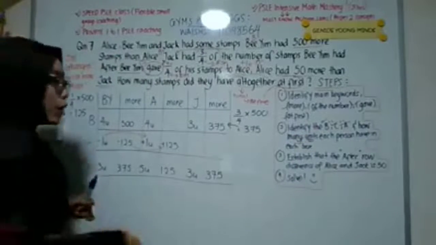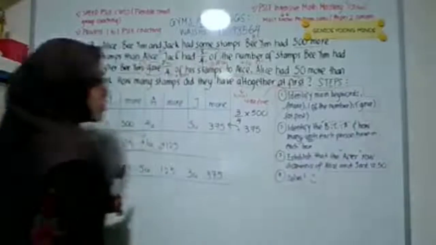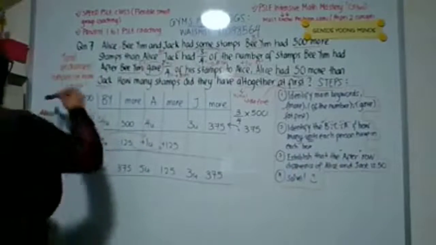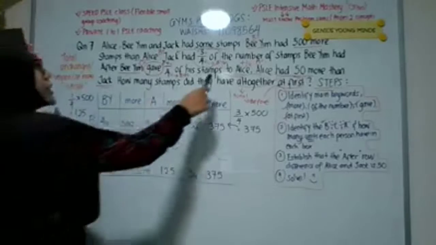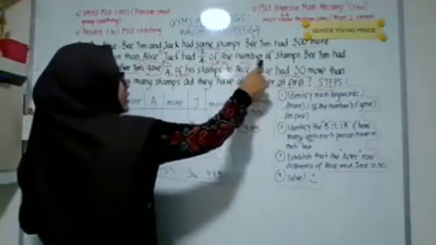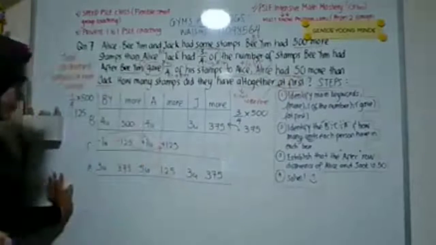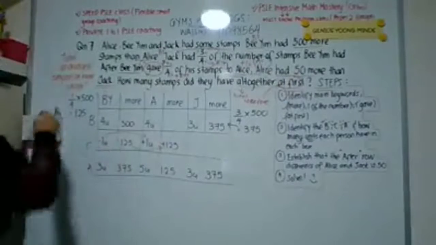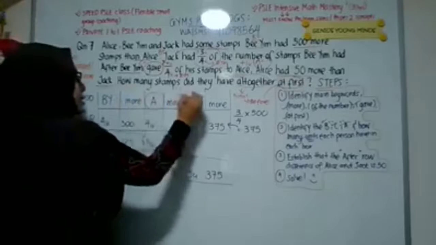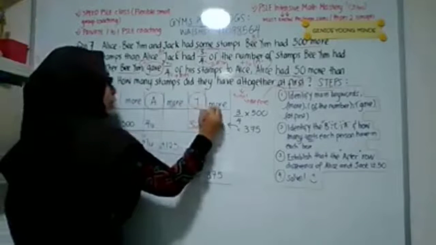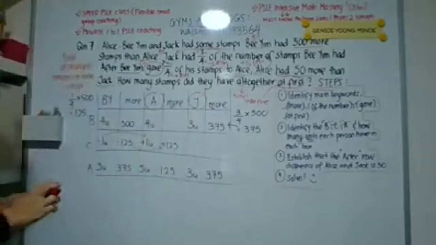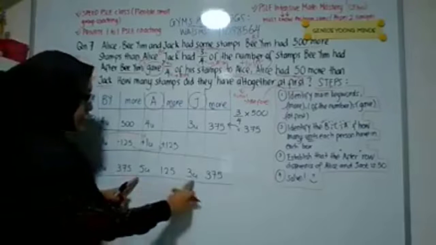Okay, now we have to establish that the after row difference of Alice and Jack is 50. Why? Let's look at this sentence. Alice, the after row, this is after. Alice had 50 more than Jack. So we are going to focus on Alice and Jack. The more will be included. So which means Alice and Jack.